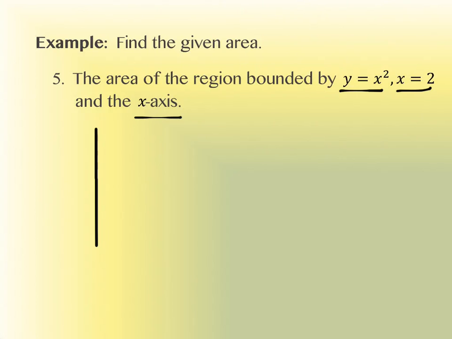All right, so we have the x-axis. There we go. I've got the curve, excuse me, y equals x squared. And I've got the line x equals 2.